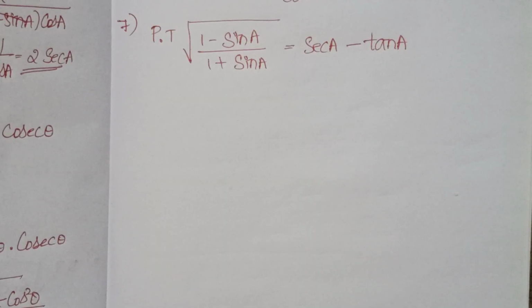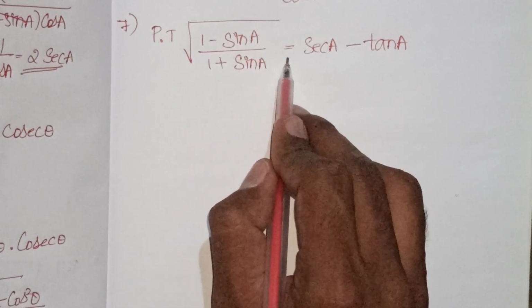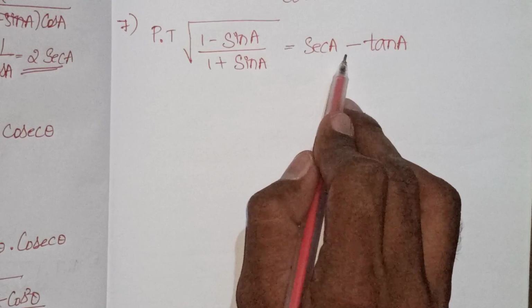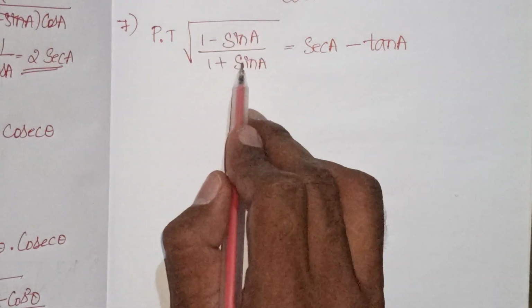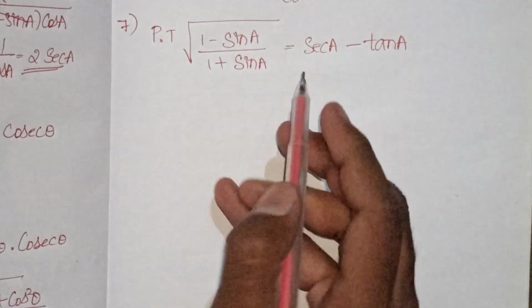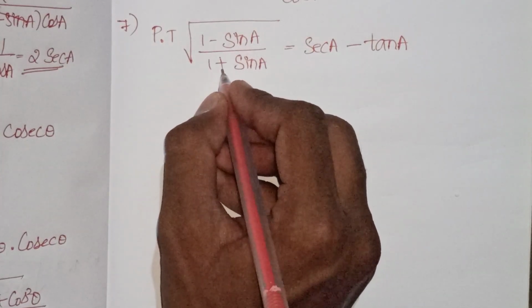Now, let's move on to the next question. Under root (1 − sinA)/(1 + sinA) will be equal to secA − tanA. We need to prove LHS is equal to RHS. Here in the LHS we have a square root. Therefore, let us perform rationalizing the denominator. In the denominator we have a plus symbol, so let us rationalize it by minus.